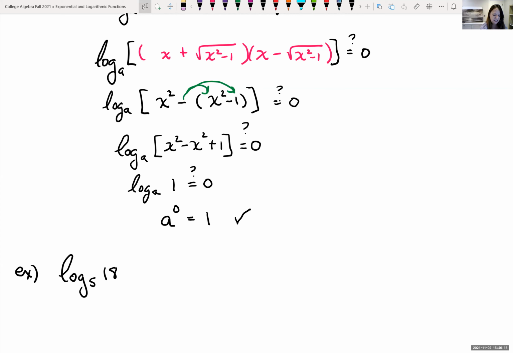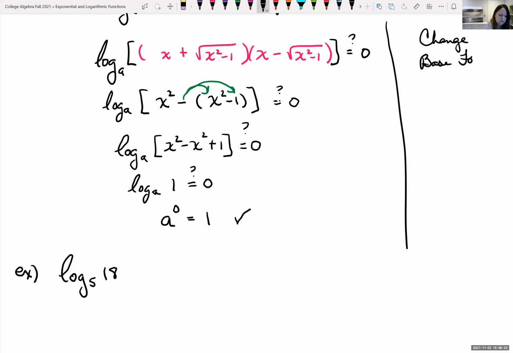So we just looked at the change of base formula at the beginning of class, which says if you have some log base b of a, this is equal to the log of a all over the log of b.